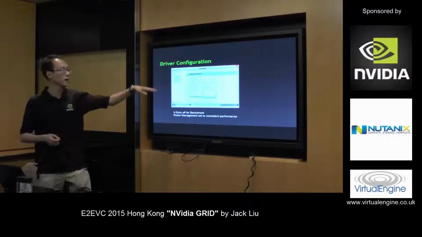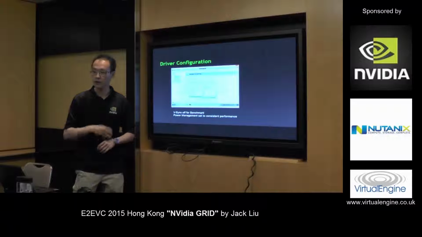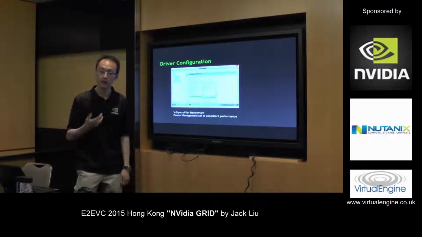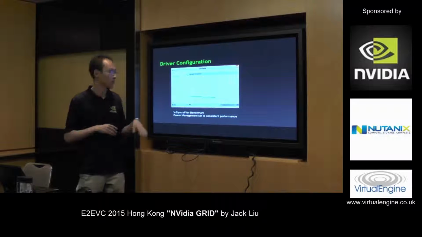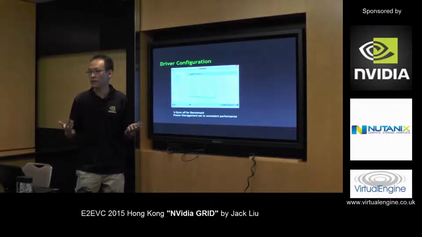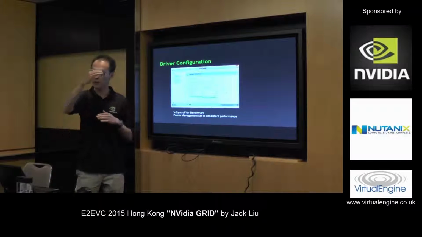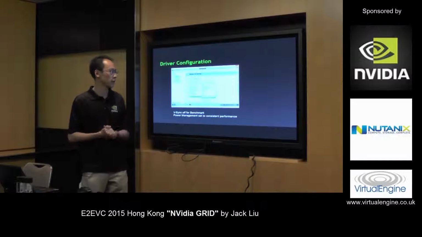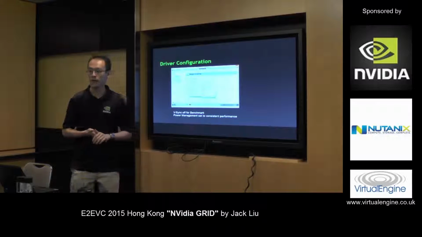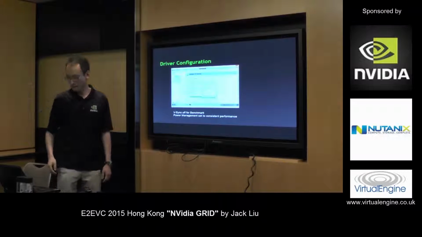If you look at the nvidia-smi command line, you will see the power indicator showing the frequency the GPU is running at. P0 is full speed. But sometimes the GPU feels like it has nothing to do, so it slows down to about a third. Switching back from P8 to P0, you will experience a smooth experience. So when we do VDI projects, we almost always recommend choosing the setting for constant performance, so it always goes to P0 and doesn't slow down.